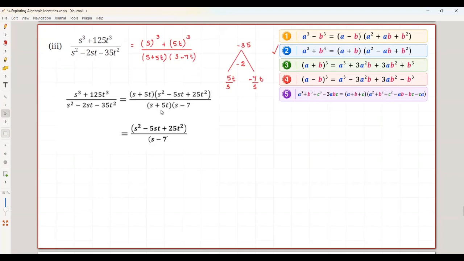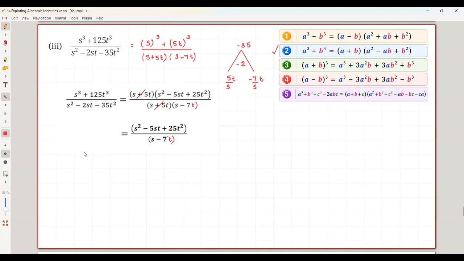For the denominator we have s plus 5t, s minus 7t. Now s plus 5t, s plus 5t gets cancelled. So the balance is s square minus 5st plus 25t square divided by s minus 7t.